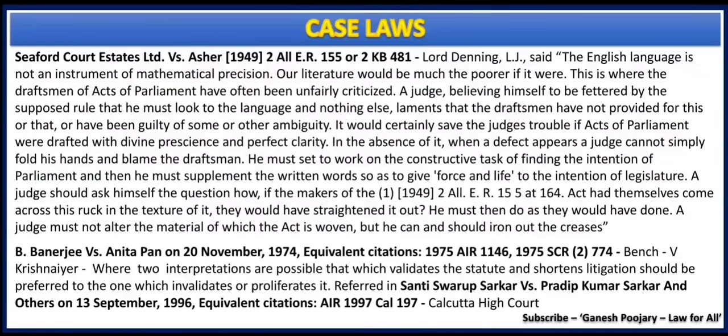The first case law that I am referring here is Seaford Court Estate Limited versus Asher. In this case law, Lord Denning LJ beautifully explained the responsibility of a judge. He says the English language is not an instrument of mathematical precision. Now what happens in maths?